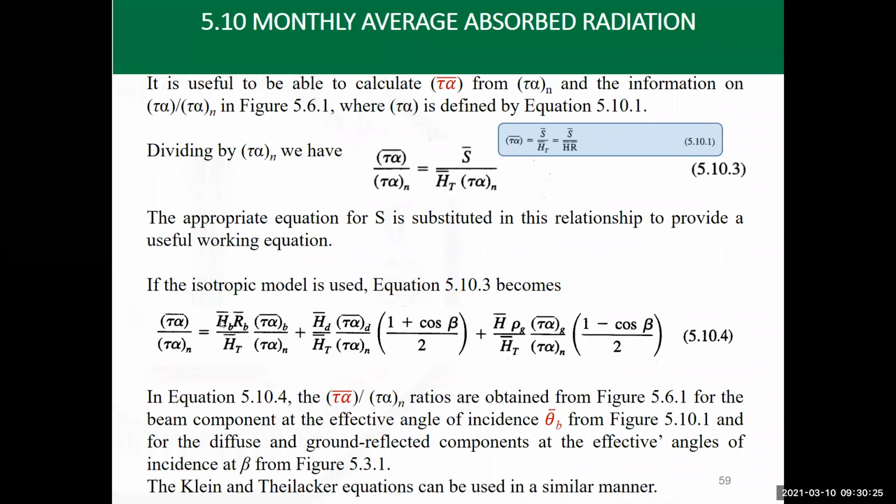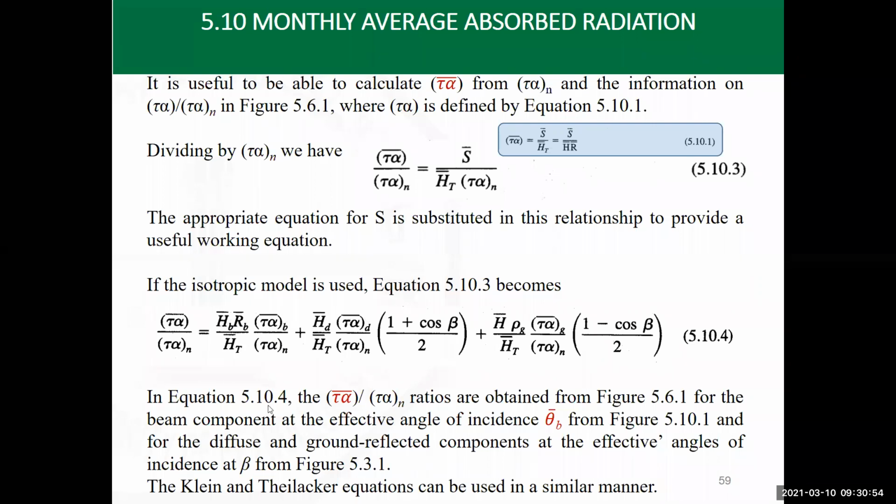So H bar B, R bar B divided by HT, and we have the ratio here, tau alpha beam component over tau alpha n; the H diffuse component, tau alpha D divided by HT, which is the tilted or overall radiation on a tilted surface, tau alpha n again, and this is the shape factor. The same thing is done for the ground reflected value.